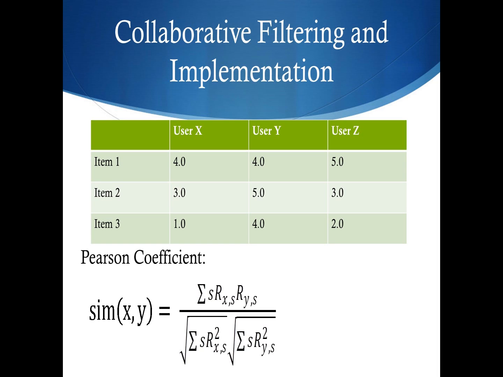Actually, you have ratings for certain items you have bought. Like user X has ratings for item 1, item 2, and item 3, and user Y and user Z also get these ratings. Then we can calculate the similarities between user X, user Y, and user Z using these ratings.